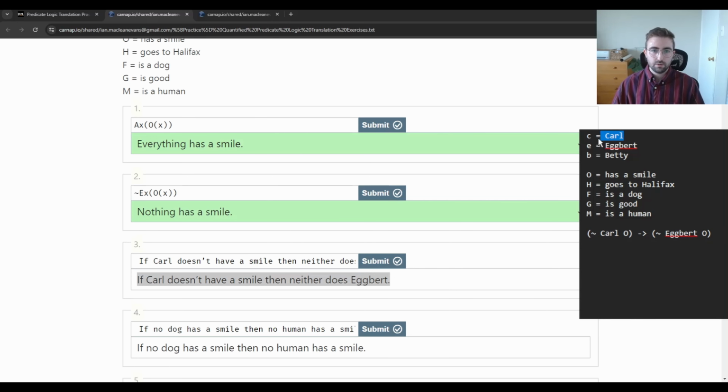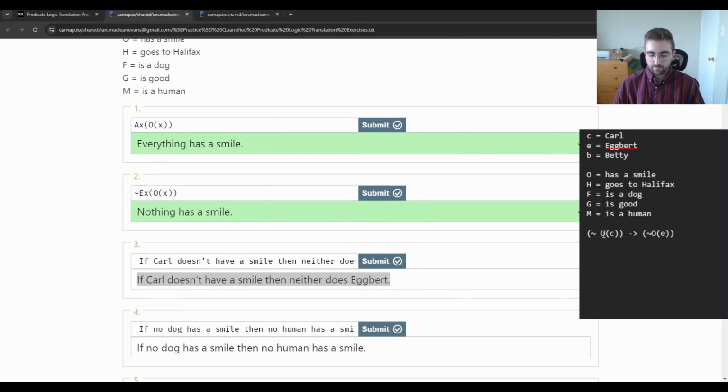Carl is represented by a little c, and we're saying he has a smile, so we'll put him after the O and put brackets around him. And Egbert is represented by a little e, so we'll put an e after the O on this side. Little e surrounded by brackets.